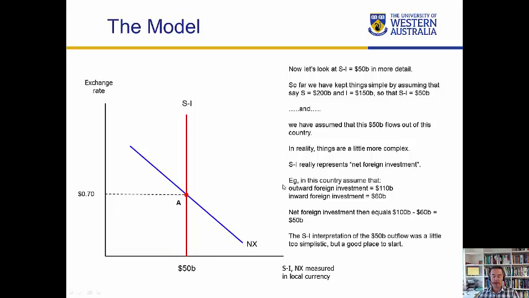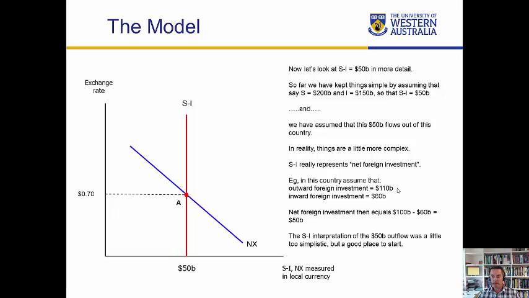Well, I've got halfway down, I've got EG in this country. Assume that this country has outward foreign investment of $110 billion. So that outward foreign investment represents savings that are being made in this country that domestic residents of this country want to invest overseas.